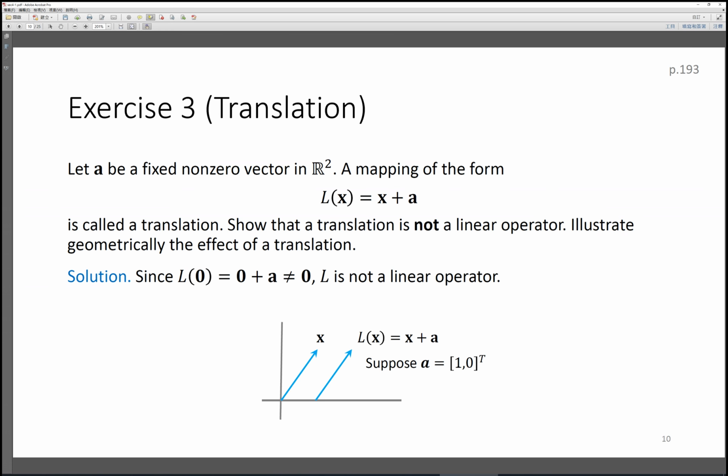But for this example, we have L of 0 equals 0 plus A, and since A is a non-zero vector, L of 0 is not equal to the 0 vector in R2. So L is not a linear transformation.